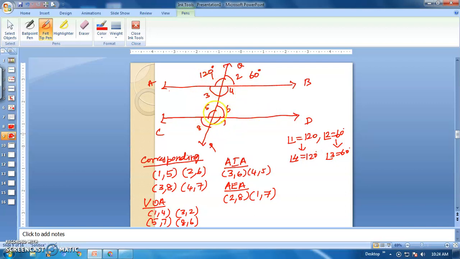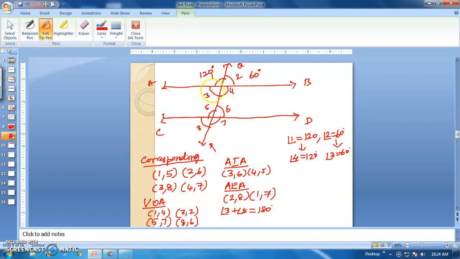Now what about here? Angle 3 is 60 degrees. And I said there is one more property. The sum of the interior angles on the same side of the transversal, that is angle 3 plus angle 5, is always 180 degrees.